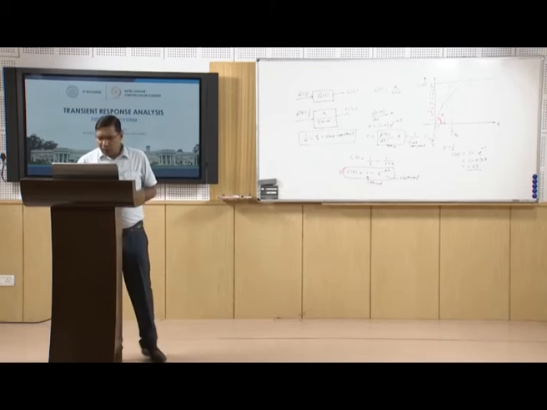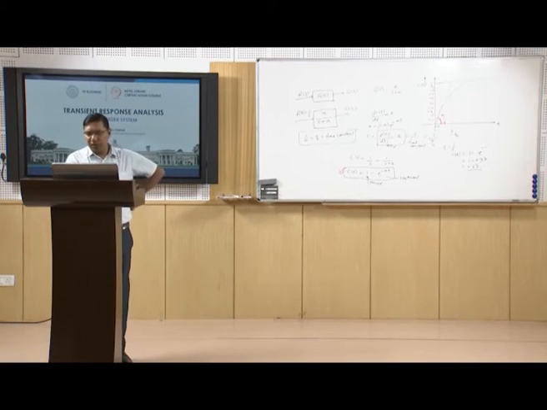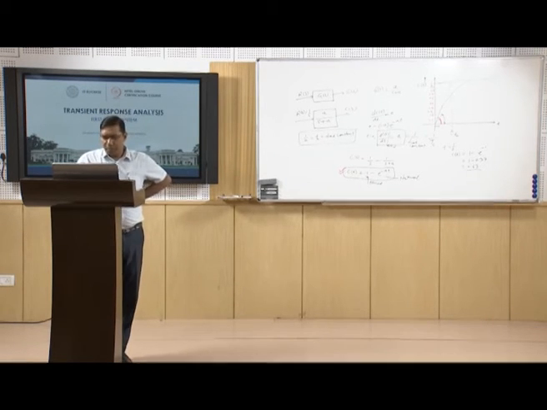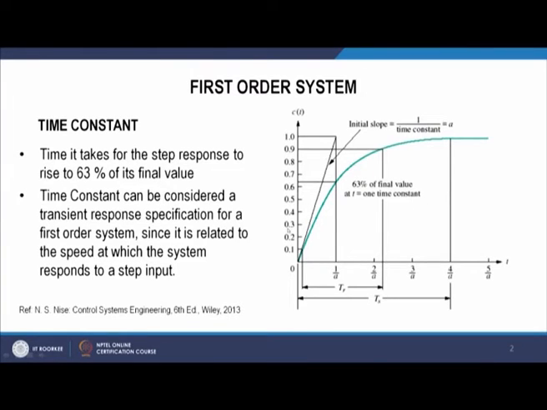There are some other parameters. Here in this diagram we can see the same plot that I have plotted. We can see this response of a step input, and at one time constant the response reaches 63% of its final value. And so, time constant is considered as one of the transient response specifications for a first order system.